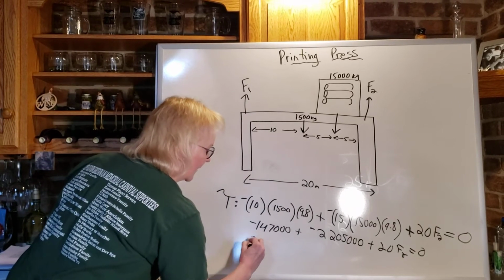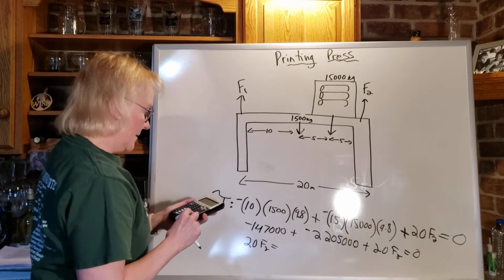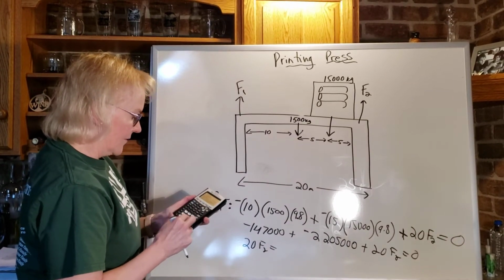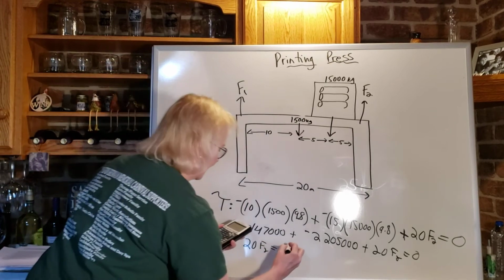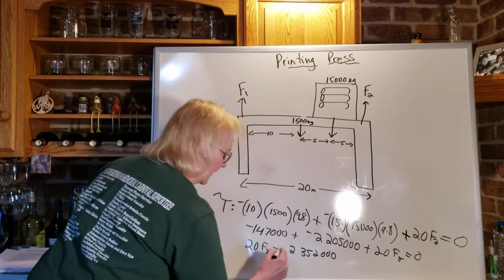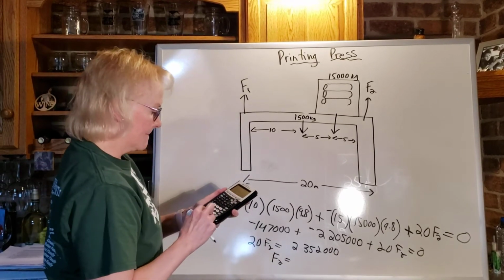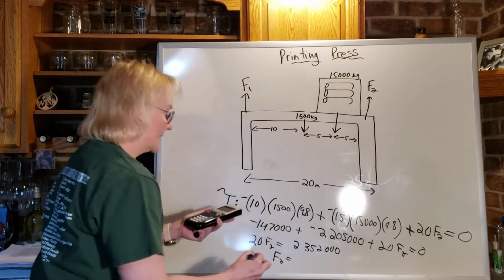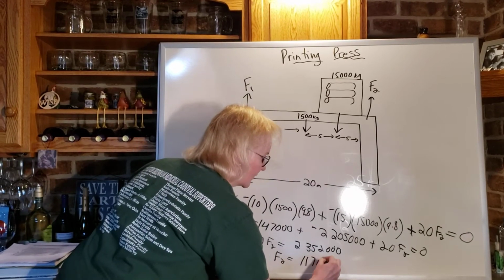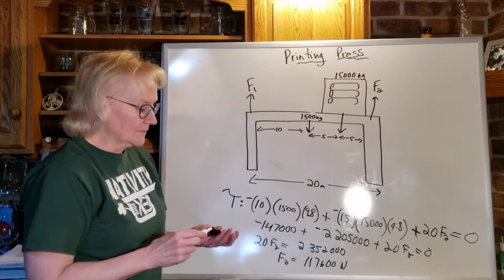So 20F2 equals this plus this, plus 147,000. 20F2 equals 2,352,000. Divide each side by 20, and F2 equals 117,600 newtons. So that's how we solve for F2.